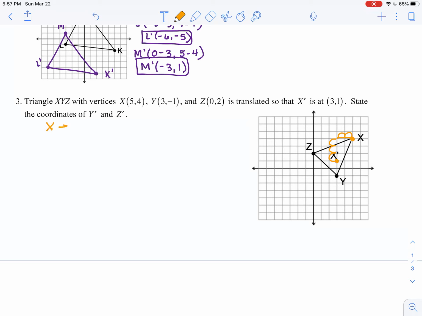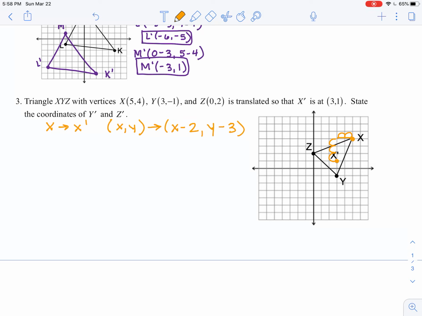So from X to X prime, I can use the rule X comma Y, the original coordinates, become X minus 2. So that indicates that we went left 2 spaces, comma, Y minus 3 to show that we went down 3 spaces.